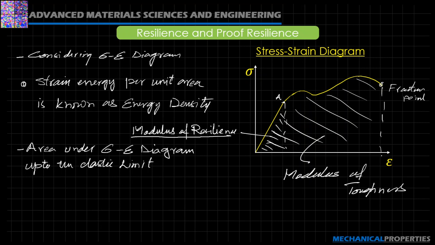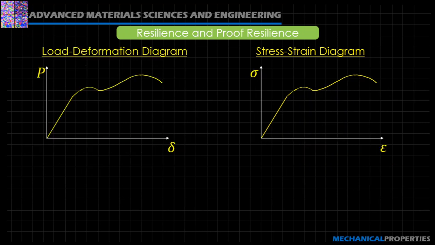Now resilience or proof resilience is a very important property for springs. Further important points are toughness, resilience, and proof resilience. Resilience deals with the energies of the materials instead of mechanical force.